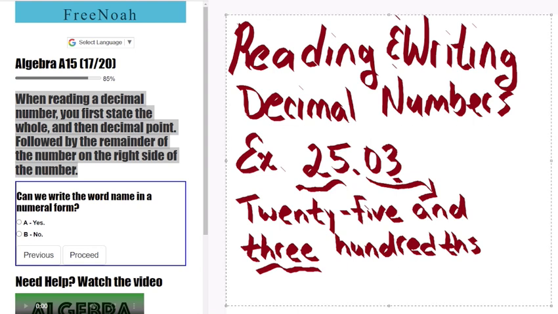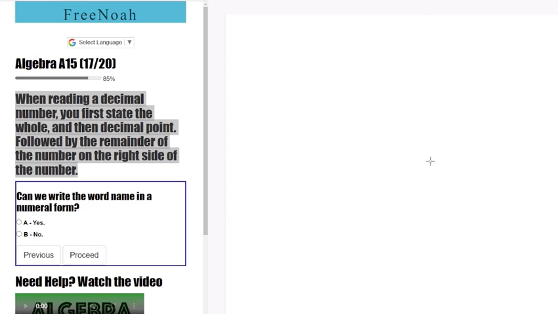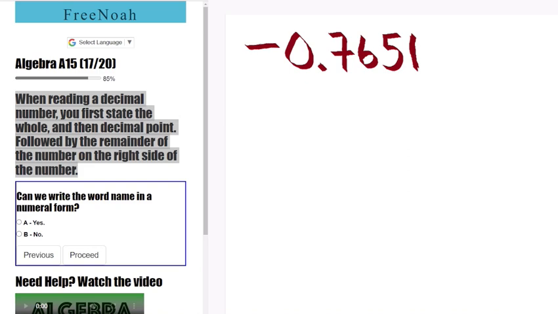We're going to go negative on this one. We're not going to place any whole value. We're going to state negative 0.7651. Notice the negative here immediately. So that's going to start off our reading and writing there.